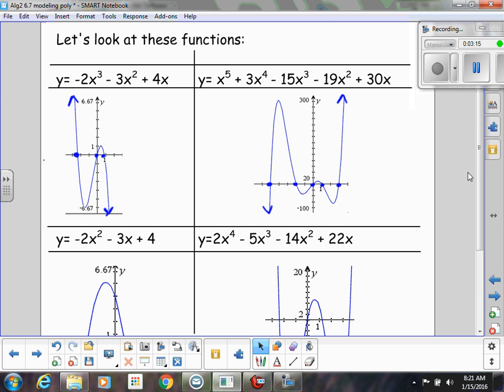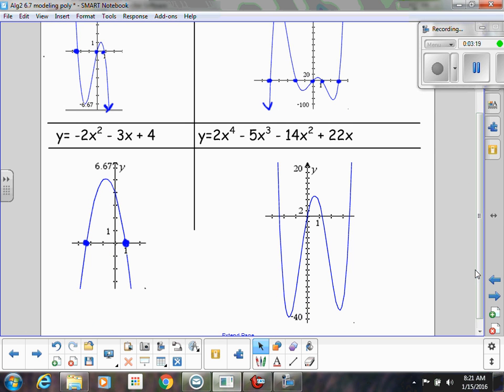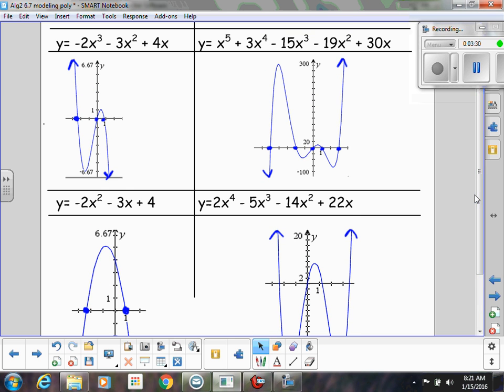Okay, so let's first look at the end behavior. I'm going to put arrows on all of these graphs so we can really see which way these are pointing. If you look up here at these, the end points are pointing in opposite directions. So the ones on top, the left is doing the opposite of what the right is doing.